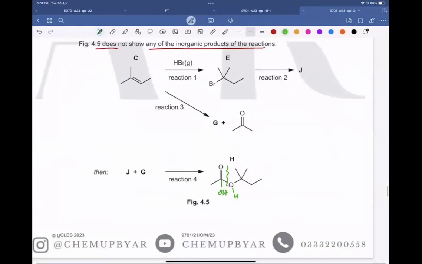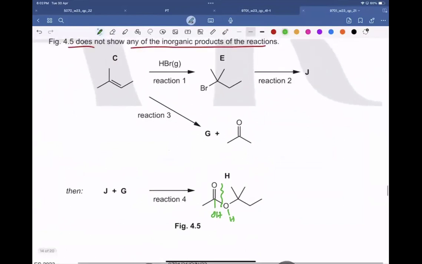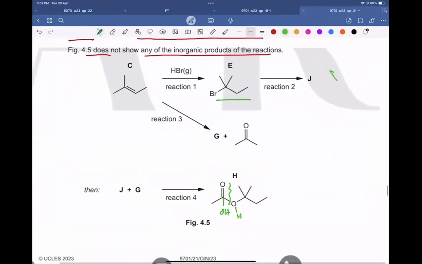So if you look at E, it can easily help me to identify that J would be this. And if J is an alcohol, then here aqueous sodium hydroxide is used with heating.